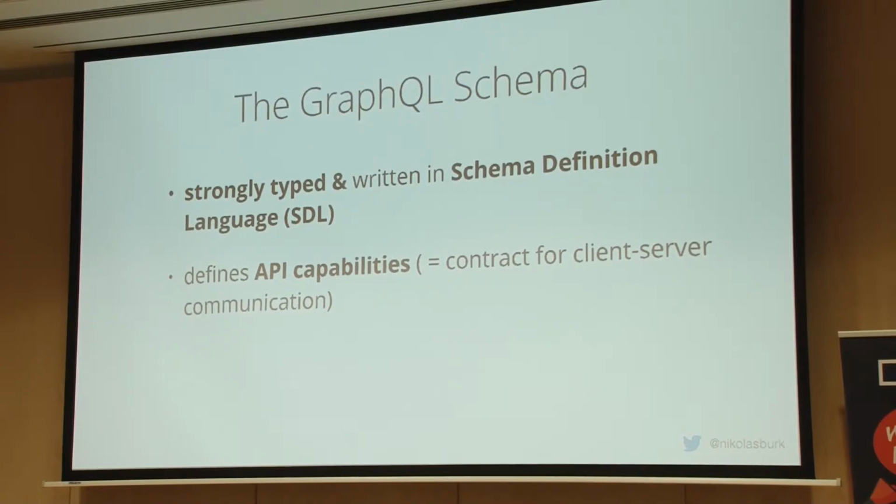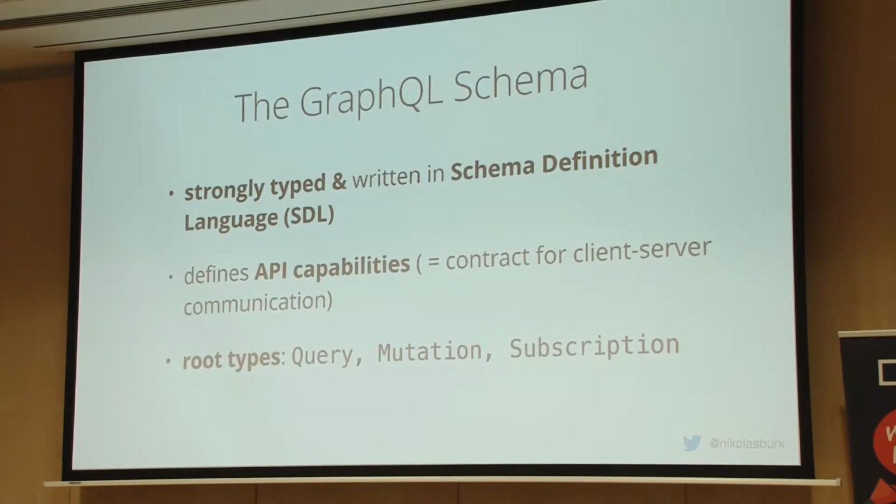Maybe you've used a tool like Swagger before, where you could also set up a contract for client-server communication. But I don't know what your experience with Swagger was, if it always worked in the way you want it to work, if it really gives you that protection. The GraphQL schema is a very, very strong concept that sits at the core of your server, and that your server and all your client applications are going to be aware of, so everybody at all times always knows what the API is going to look like.